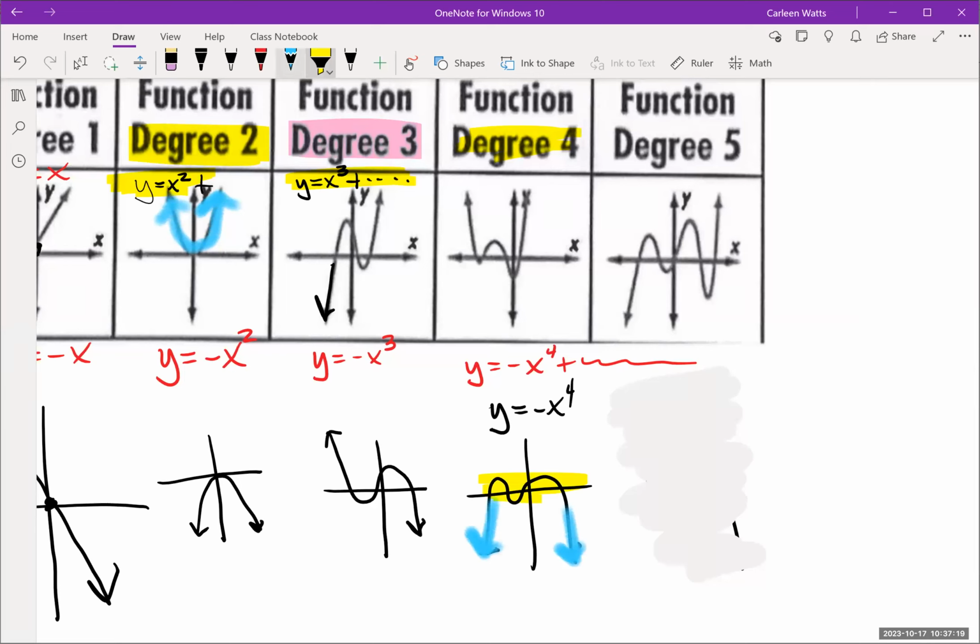Now let's look at x cubed and x to the fifth. Notice left arm goes down, left arm goes down. Right arm goes up, right arm goes up. Can you see the similarity between degree 3 and degree 5? Left arm down, right arm up.